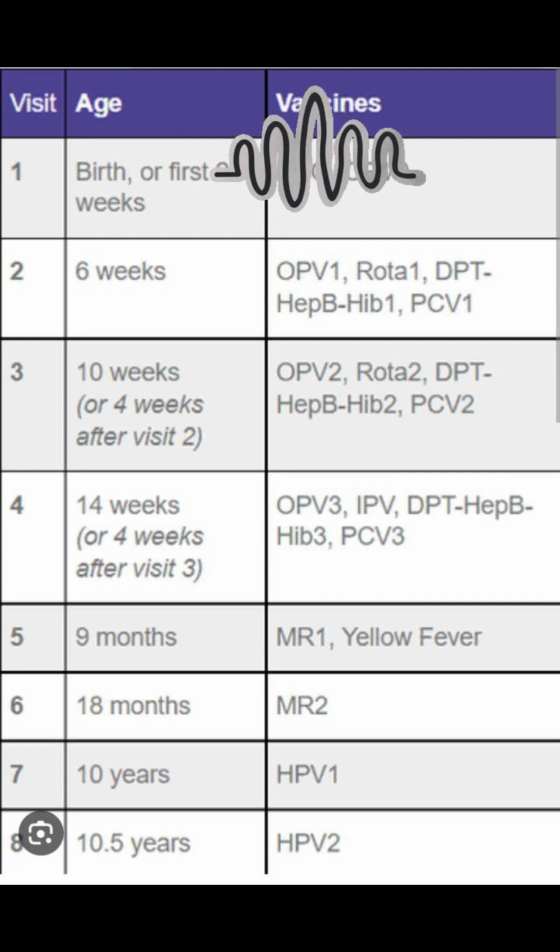And this is the immunization schedule. At birth or before 2 weeks, you will be given BCG vaccine. At 6 weeks, that is 1 and a half to 2 months or soon after, you will be given oral polio.